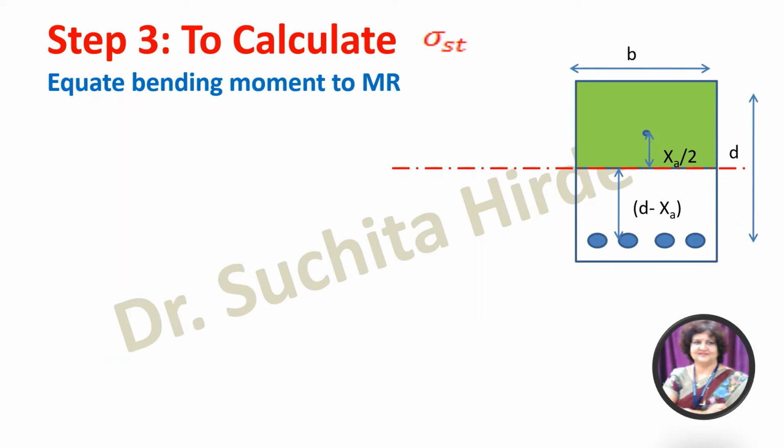So the aim of the problem is to calculate the stresses only. So we are going to first calculate the stress in steel, that is sigma st. How do we calculate it? We calculate it by equating bending moment to moment of resistance. Now let us see what is meant by moment of resistance. So we will draw the stress diagram.